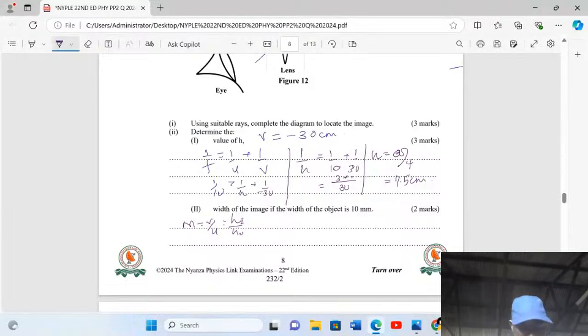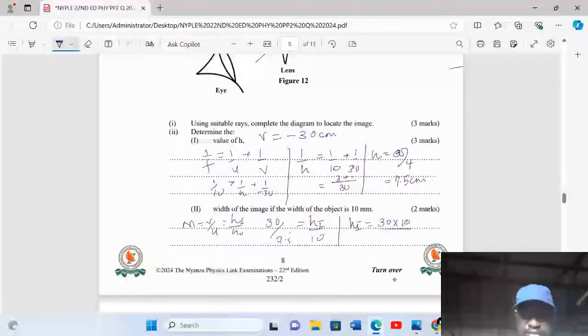And now I can proceed and say that 30 over 7.5 is the same as HI over 10. Our HI will become 30 times 10 divided by 7.5, and we arrive at 40 millimeters.